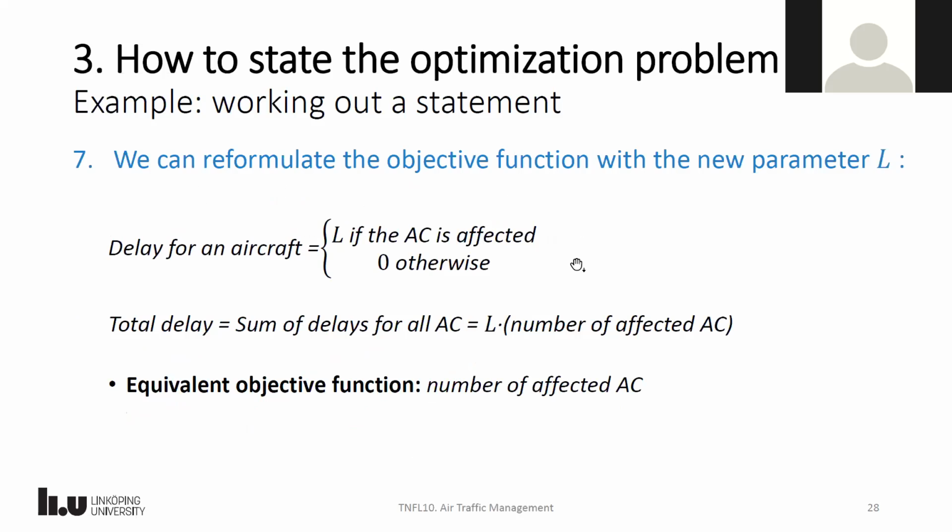So we can reformulate the objective function, saying that the delay of an aircraft is L if the aircraft is affected, or 0 otherwise. And the total delay is the sum of delays for all aircraft, which is equal to this number L times the number of affected aircraft.